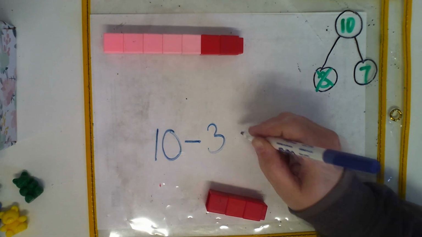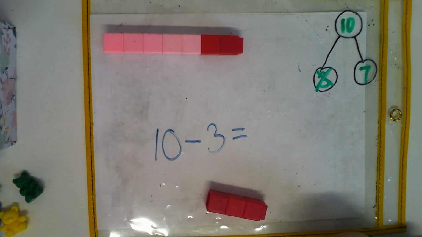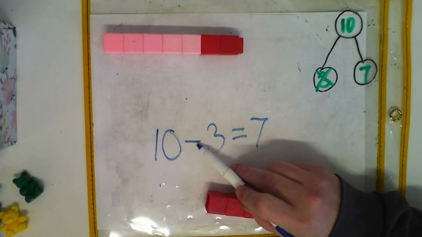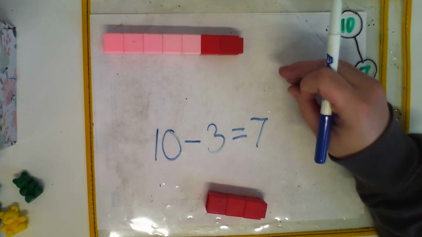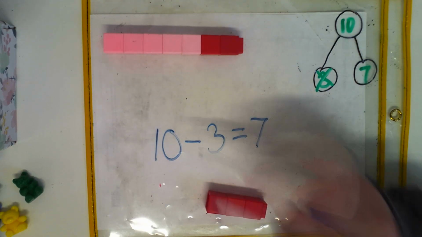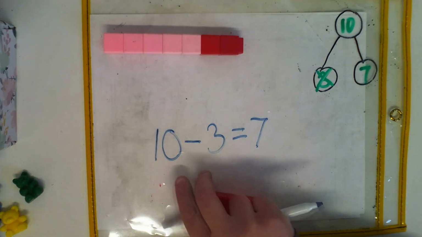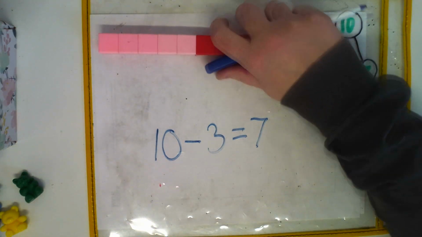We need to know how many are left, so we need our equal sign. And how many did we say were left? There are 7. Very good. Now remember, we're taking away. We didn't put any more to it, so we're not adding. We're taking away with a subtraction sign or a minus sign. Go ahead and erase and put your cubes back together. We're going to do another one.